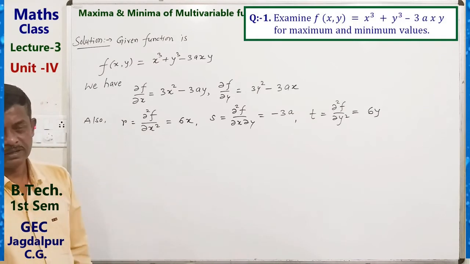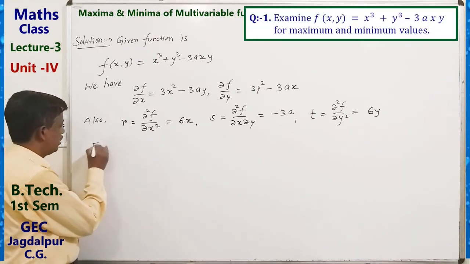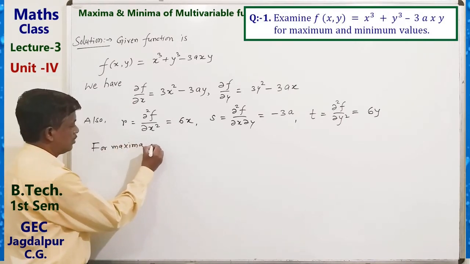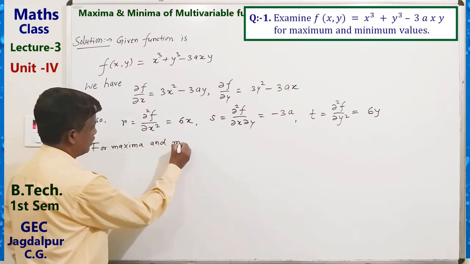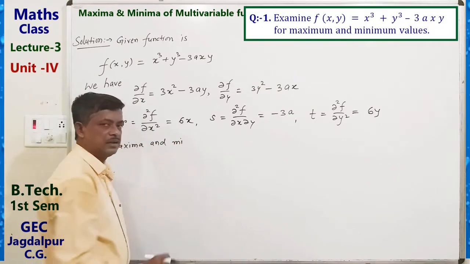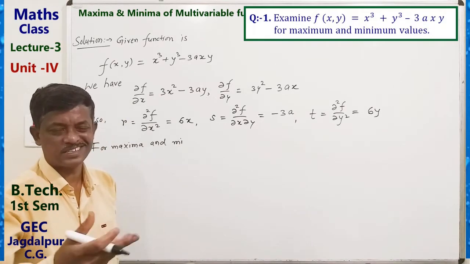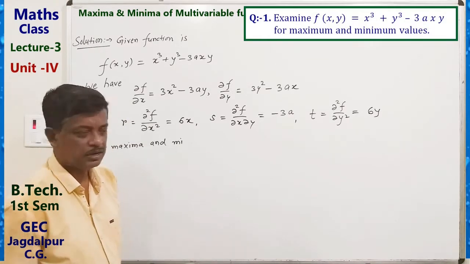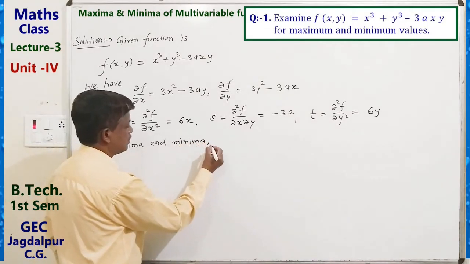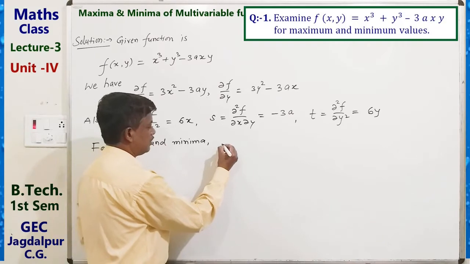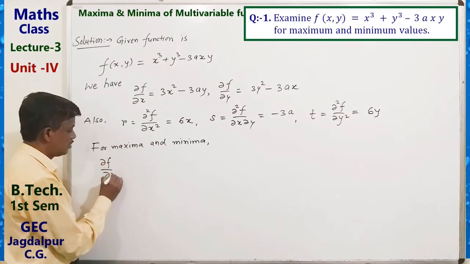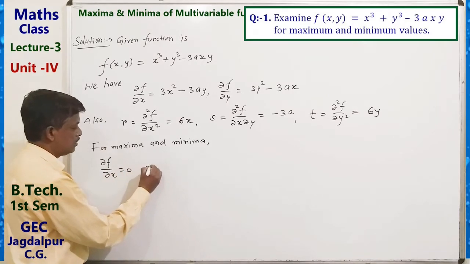Now for maxima and minima, the necessary condition we will use for finding a stationary point. The stationary equations are: del f by del x equals 0 and del f by del y equals 0.